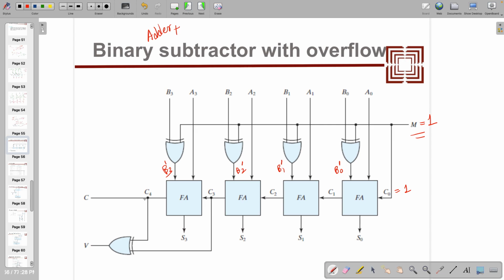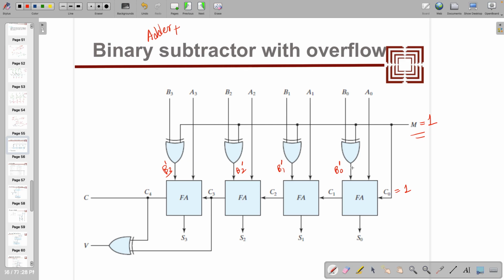Let's assume that each gate has a propagation delay of 1 nanosecond, right? So a full adder requires 2 gates, or how many gates are there on the critical path? 2 gates, right? So 2 nanoseconds from each full adder for getting the sum, 2 nanoseconds for getting the carry.